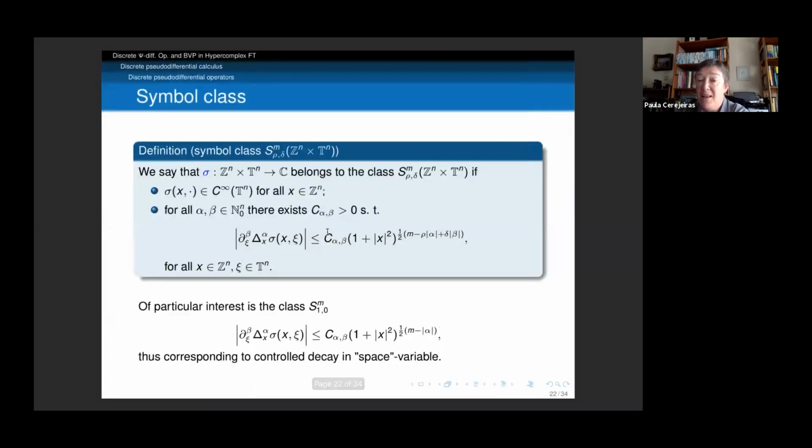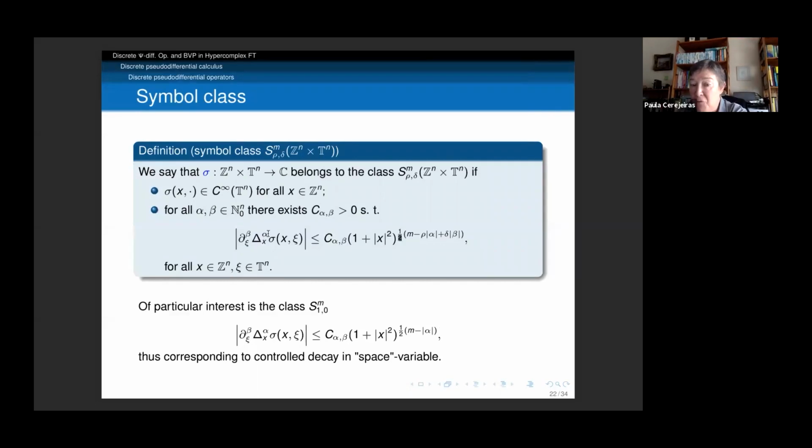But if you do that, you have now a problem when you try to construct the symbol, because demanding that the symbol is smooth, whenever you fix the space variable, it's okay.